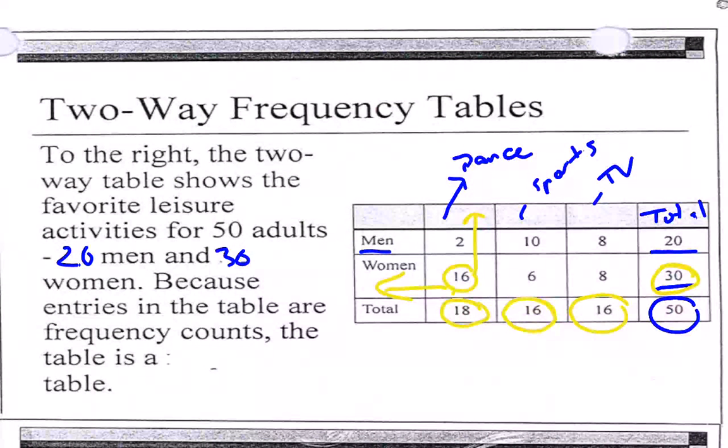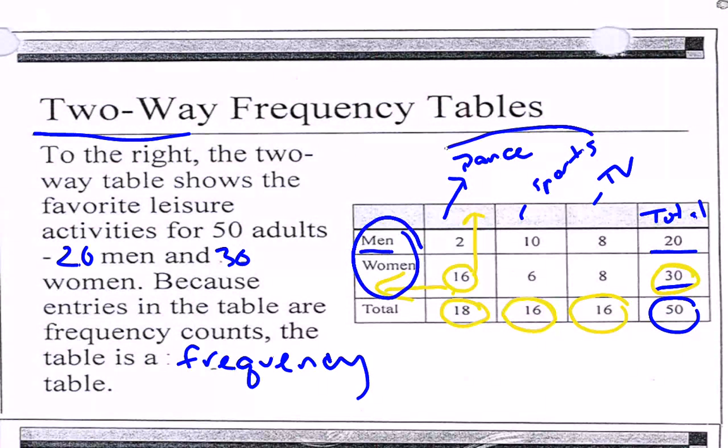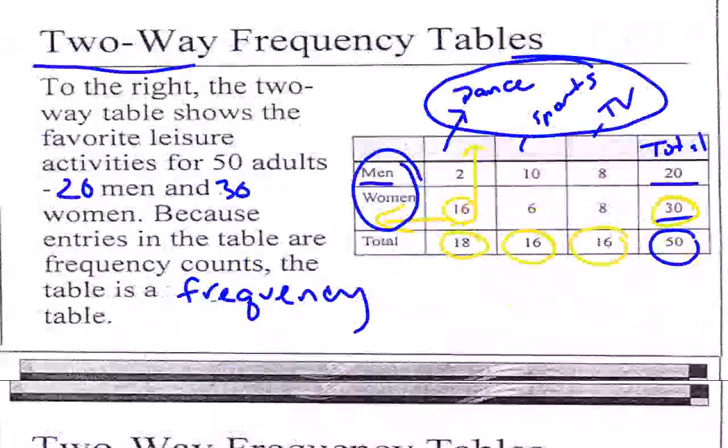So because we're doing a lot of counting and we're counting frequency, we call it a frequency table. And it's a two-way frequency table because I'm comparing men and women, gender, to what they prefer to do in their leisure time.